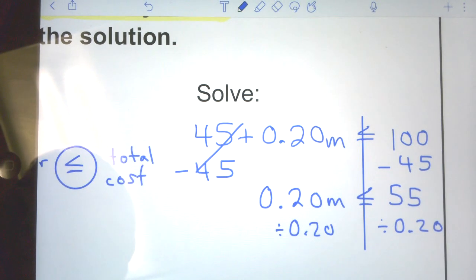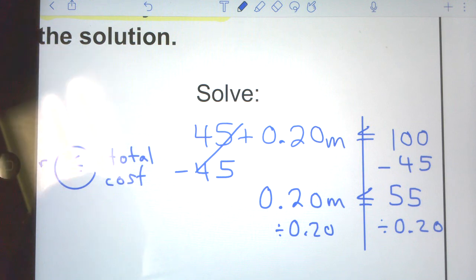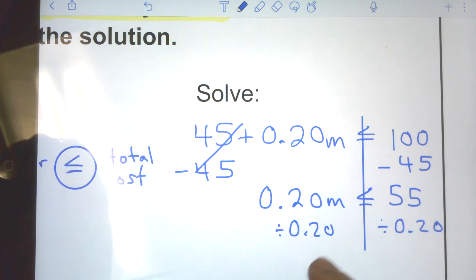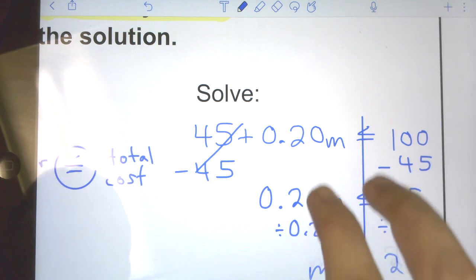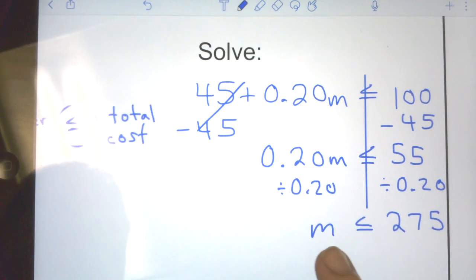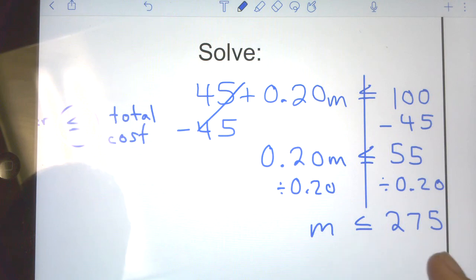And I'm going to use a calculator on this, so we are going to take the 55 divided by 0.20. When you do that math, you're going to get m is less than or equal to 275. All right, so remember m being miles here has to be less than or equal to 275.